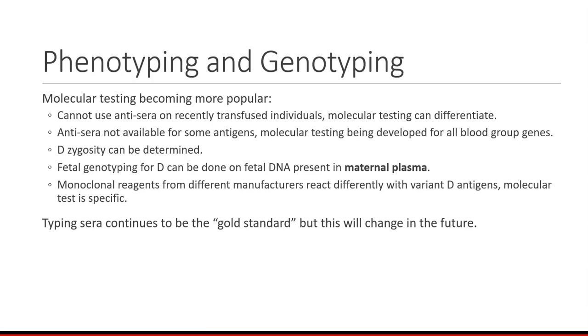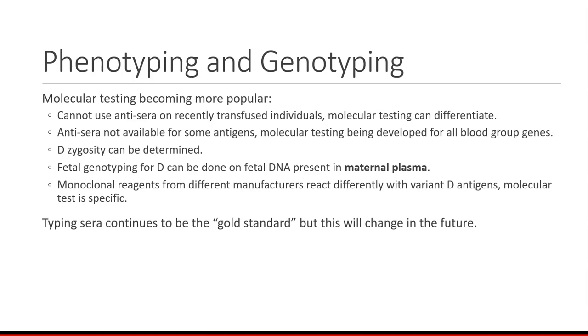For example, if you're doing a microarray, you can have the different probes for the different complexes. So you can determine the genotype of the transfused person as well as the person who's been transfused. Anti-sera are not available for some antigens. So molecular testing has been developed for all blood group genes.